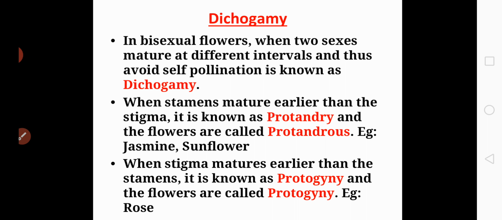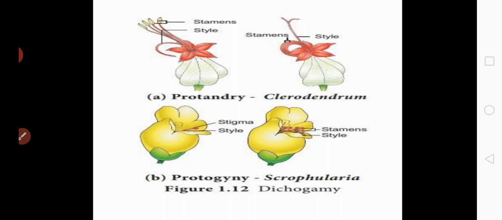Once again, in dichogamy, if the stamen matures first, it is protandry, and if the stigma matures first, it is protogyny. These are the images of protandry and protogyny conditions in flowers.